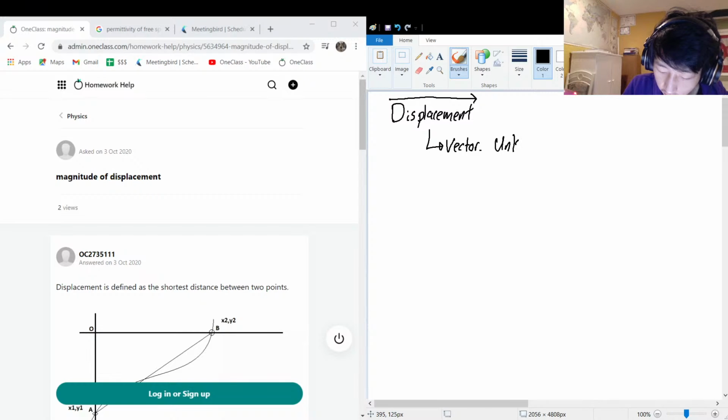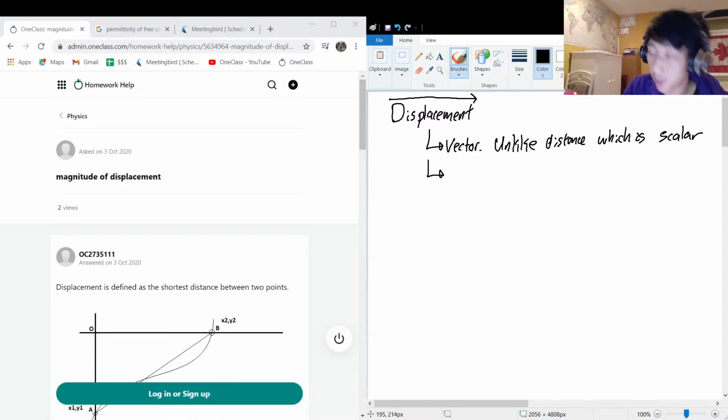Unlike distance, which is scalar, displacement represents the shortest possible distance between 2 points of interest.